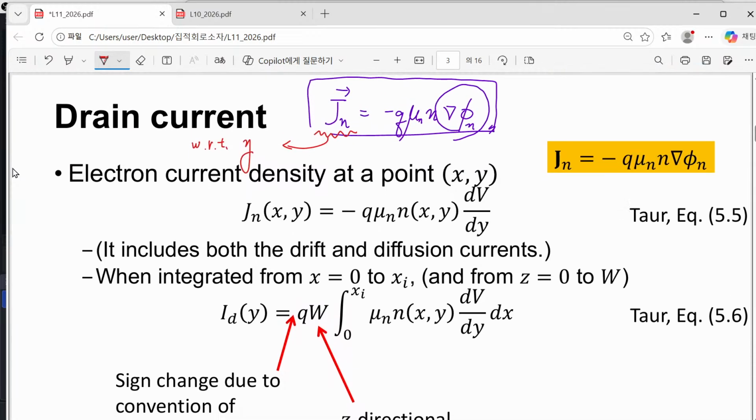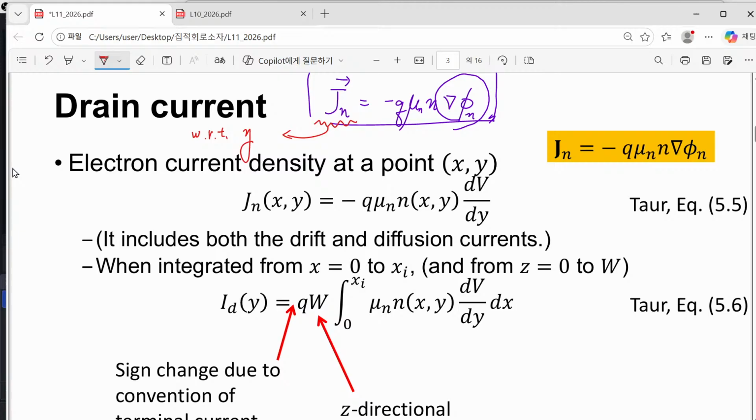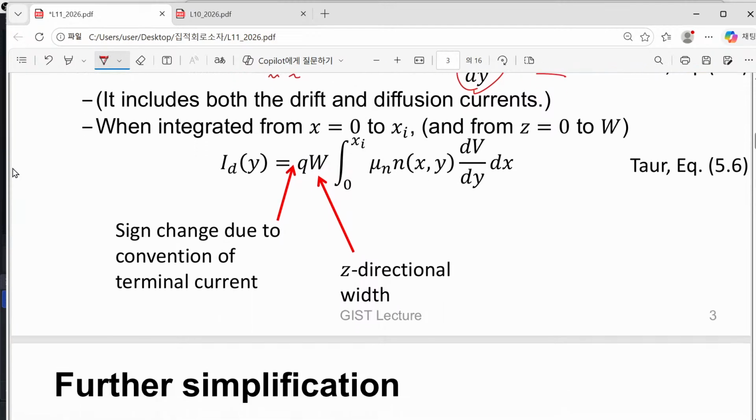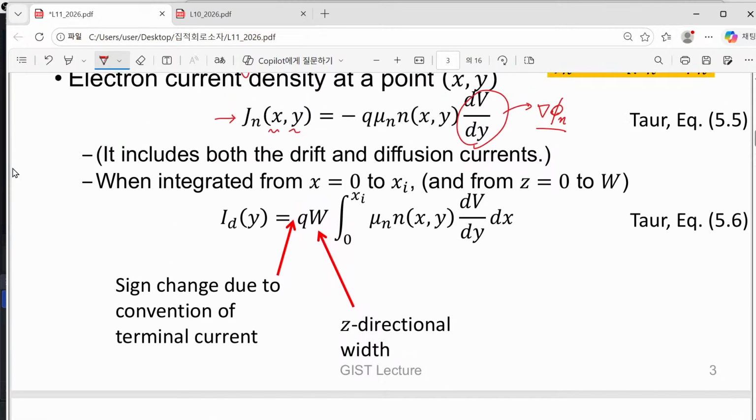Here we have an expression for current density. This is current density everywhere. Of course, this corresponds to the gradient of our electron quasi-Fermi potential. And now, think about this one.